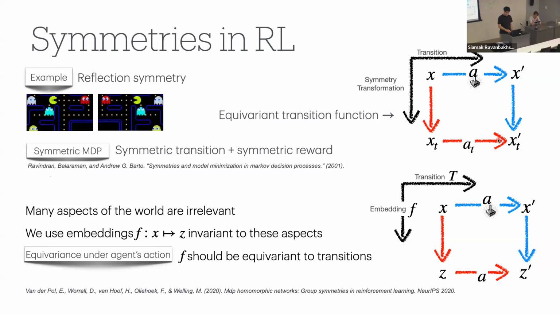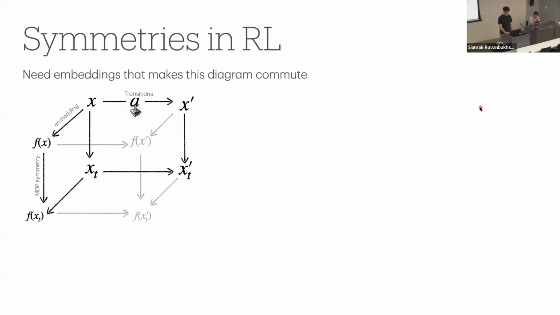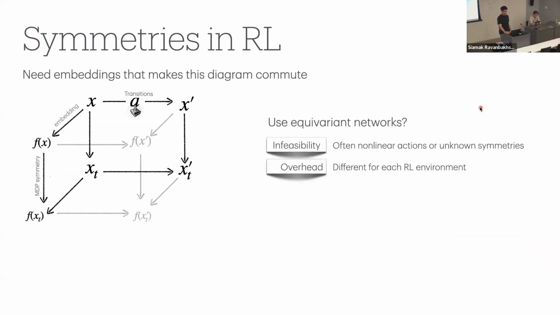People had looked at these two symmetries separately. What we did was to actually put them together, and we said we want to have a representation that is equivariant to both of these. How do we do that? Again, you can't use equivariant networks, at least not beyond trivial cases, because you have nonlinear transformations.